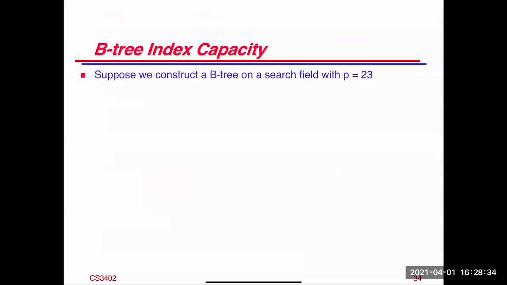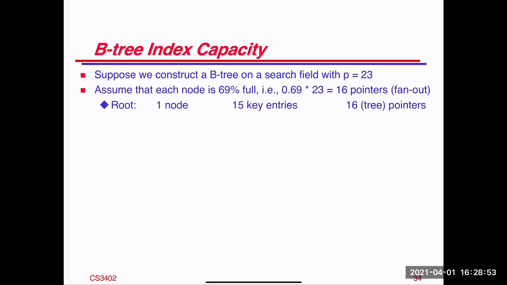So let's look at the capacity that we get for such a B tree. Let's assume that we construct a B tree on some search field, and we set the order P of the tree to be 23. So you can have at most 23 tree pointers per node. And we assume that each node is around 69% full. This is not some number that I just came up with; people have done experiments.